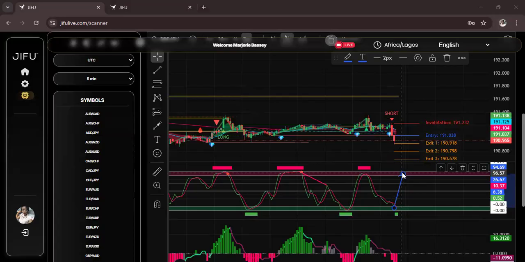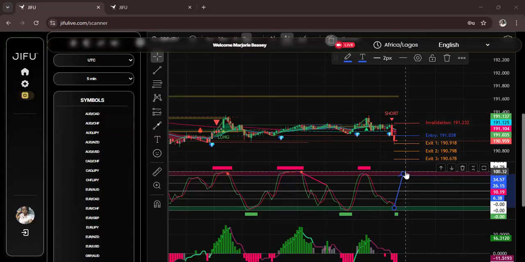When you're selling, these things on the scanner are actually there to protect you. So when you're selling, you just allow it to go back. You sell from this red area. If you're already in the sell and it pulls back to the green zone, that's okay, but if you're going to take this entry, allow it to pull back up.